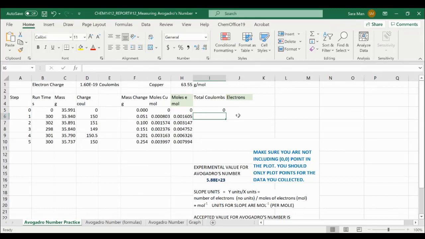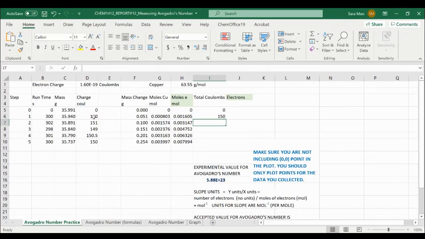But let's say I want to know the total coulombs here. It's going to be equal the previous cell, because I'm doing the cumulative, the previous cell plus the coulombs from that step.